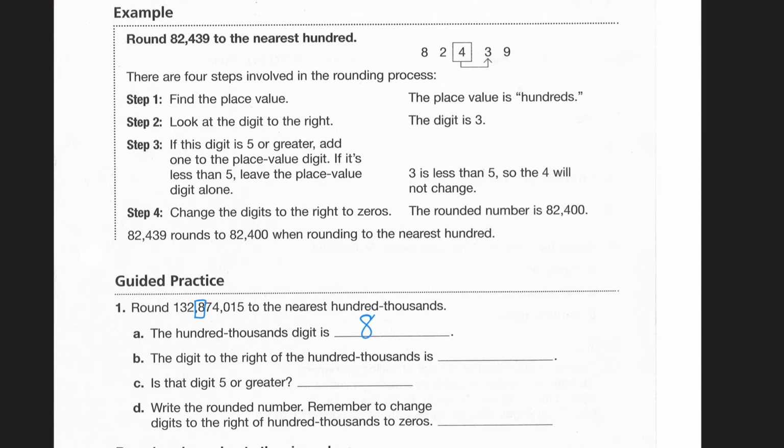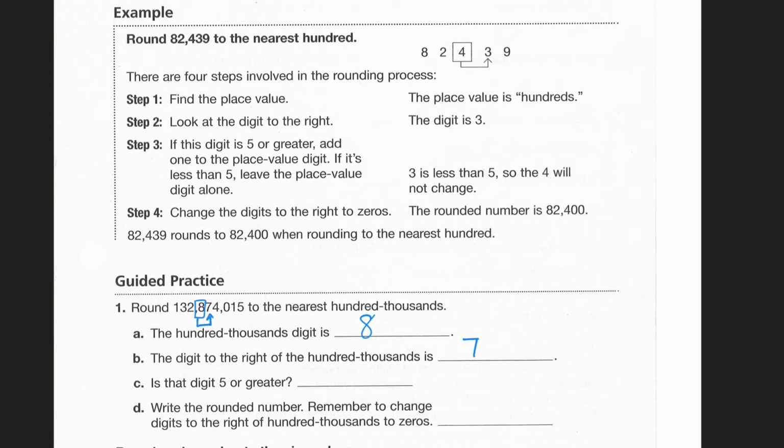Okay, next step. Look at the digit to the right. The digit to the right of the 100,000s is a 7. What they did here is they put a little arrow like that, so I'm going to do the same thing.